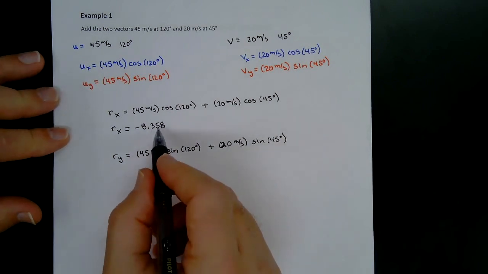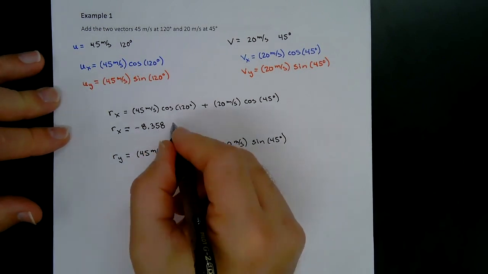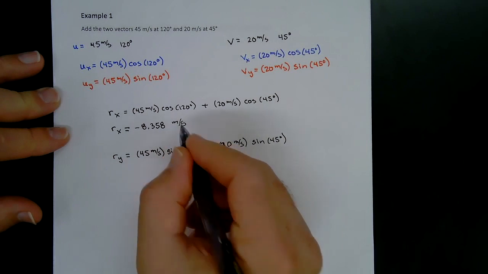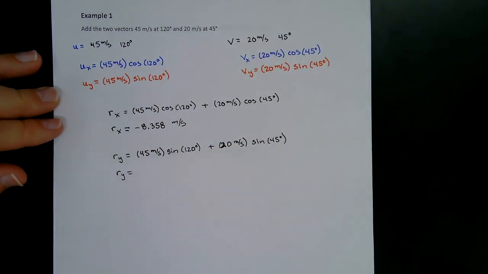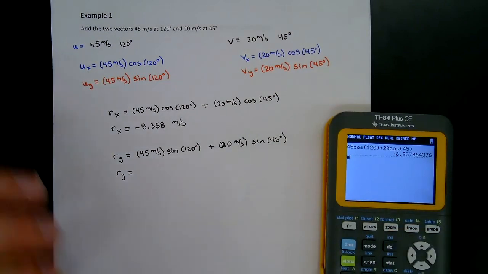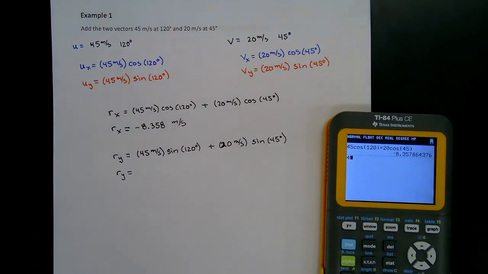Okay, and I should have written that this is in meters per second. Okay, and then we're going to put this one in our calculator. So 45 sine of 120, and then plus 20 sine of 45. And we get positive 53.113.